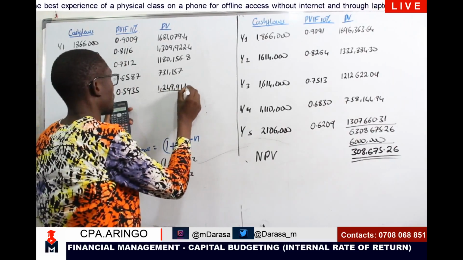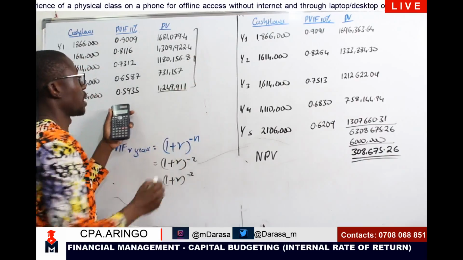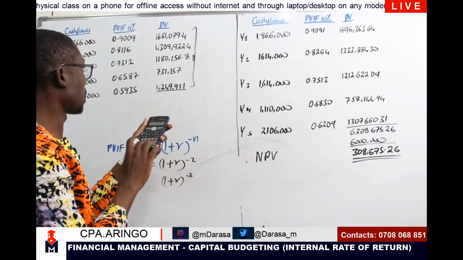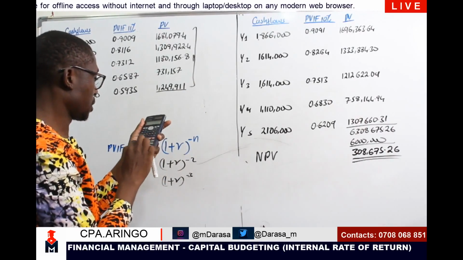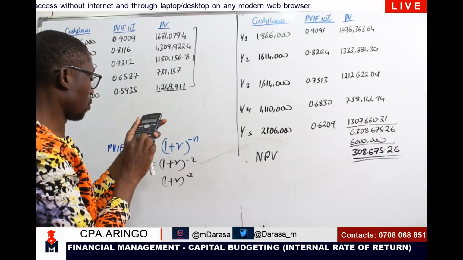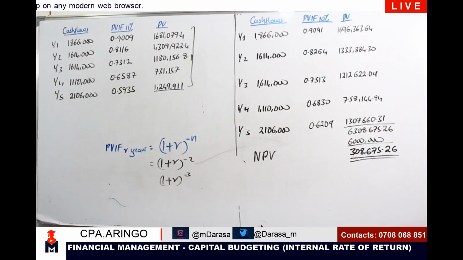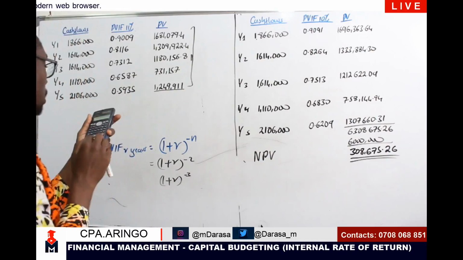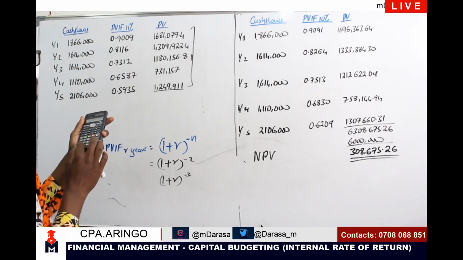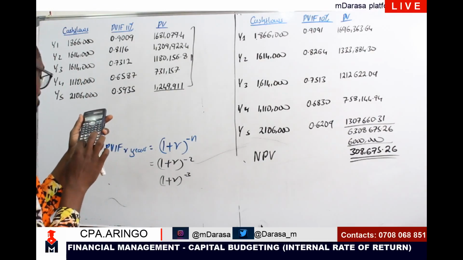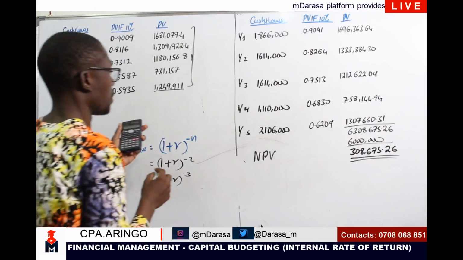So at the end of the day, what would be our summation here? I should be having 1,249,911 plus 731,157 plus 1,180,156.8 plus 1,309,922.4 plus 1,681,079.4.